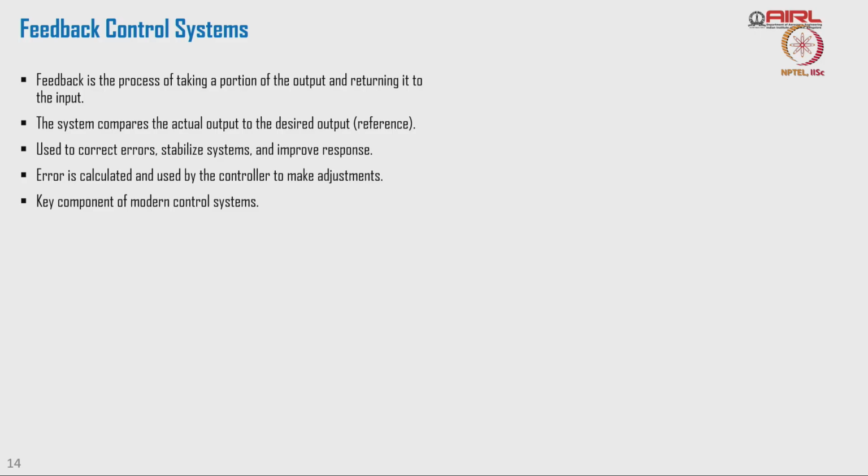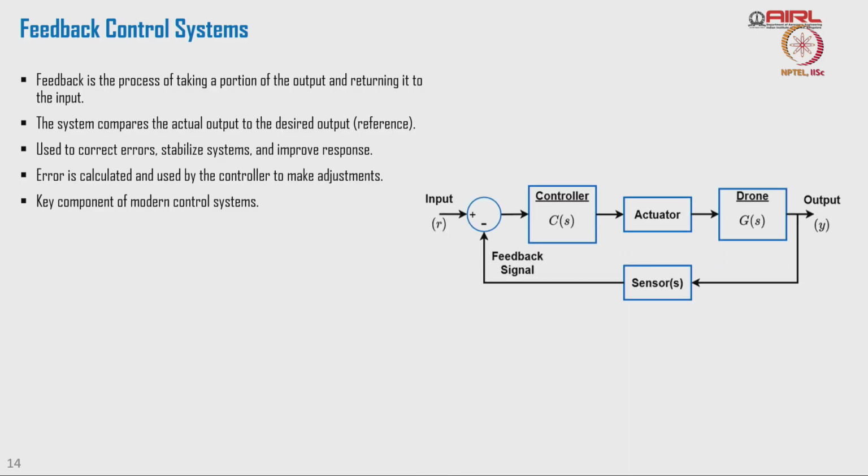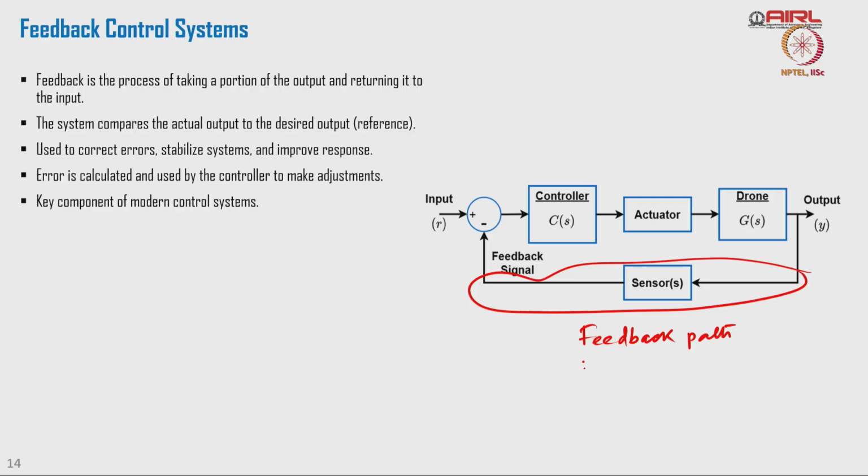Feedback is a process of taking a portion of the output and returning it to the input. This path is the feedback path, which completes a feedback loop.